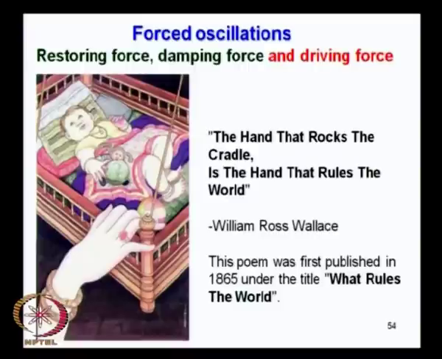So, this is a damped oscillator, and then in addition to that there is an external force which can be applied just once in a way. You just tap it, or you tap it at a regular frequency, and we will consider such forces which are periodic.